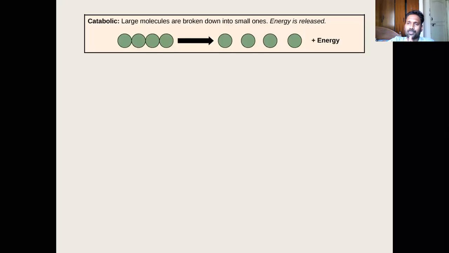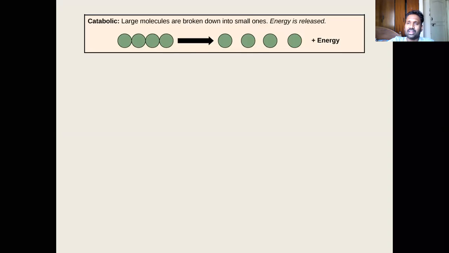Most of the time, the product of a catabolic reaction will be a very small molecule like carbon dioxide, ammonia, or water, along with energy liberation. And energy liberation is always in terms of ATPs. So whenever a catabolic pathway operates in a cell, ATPs are usually synthesized, right? And smaller molecules are produced from catabolic reactions.